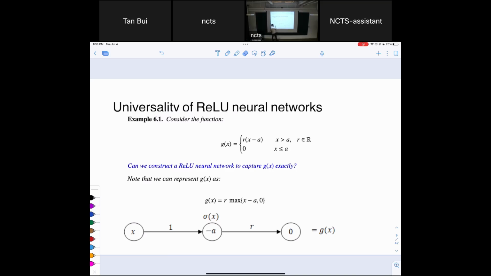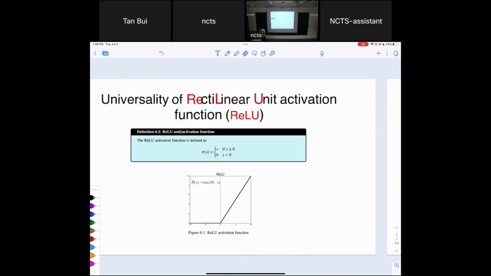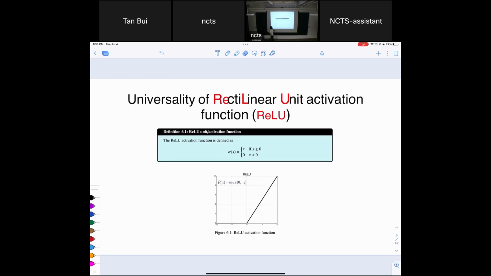So when they come here, it's x minus a, and then you apply the ReLU. This is exactly the ReLU. Everybody see that? For x minus a, this is z. Remember the ReLU is maximum of z and 0, or 0 and z, doesn't matter. That's a ReLU.